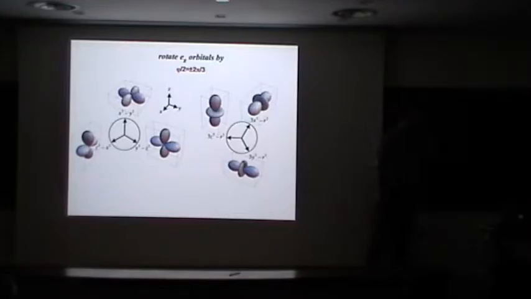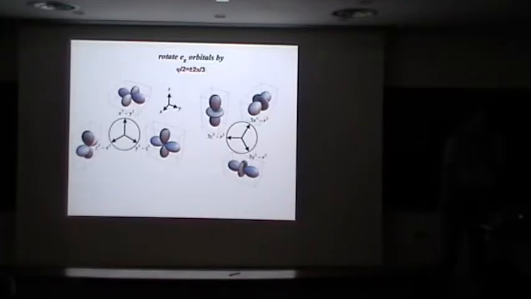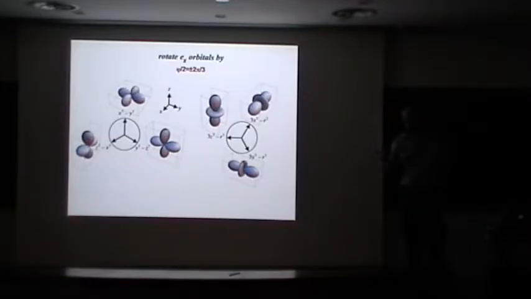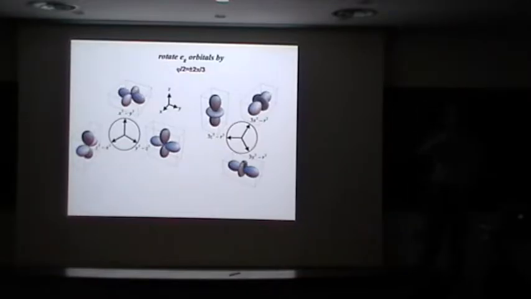You're addressing exactly the point, which is conceptually a bit different. Can you repeat the question? Is the 2π/3 related to the fourfold symmetry of the orbital? And the answer is no. That's why I introduced these 1, 2, and 3 axes, because these rotations are only about axes 1, 2, and 3, and have nothing to do with x, y, or z.